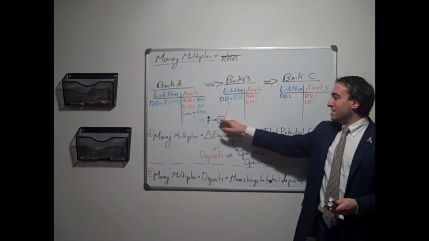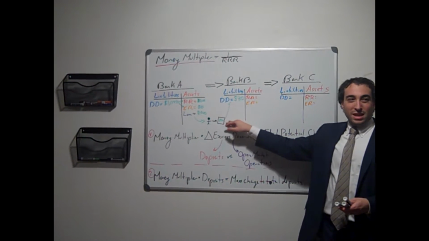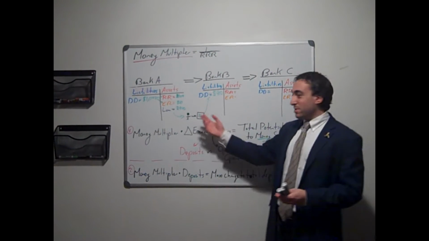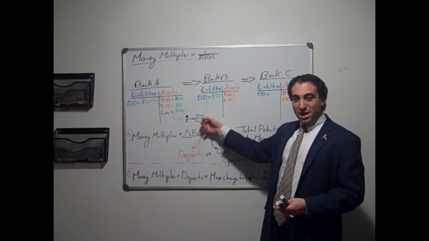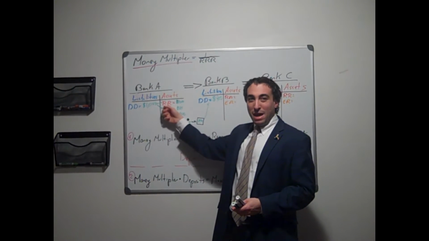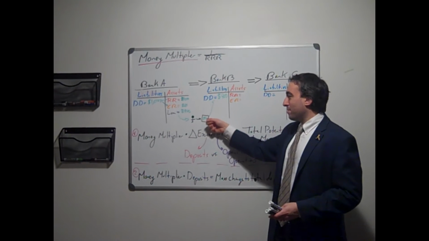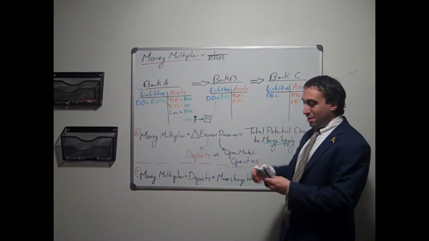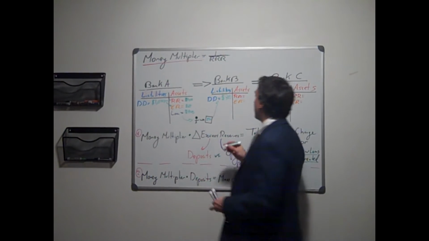So the person takes out a loan, uses the loan to pay for something, and gives the store money. Now it's this person's responsibility to pay Bank A back. The store deposits the money into the bank. What does the bank have to do with the deposit?